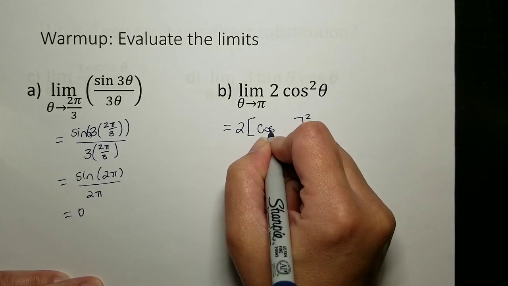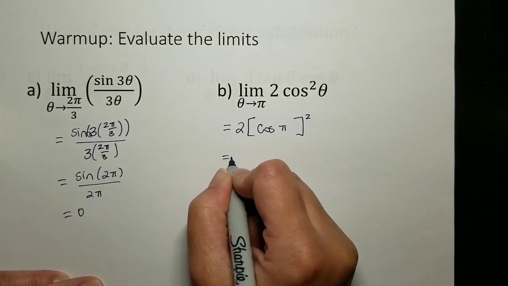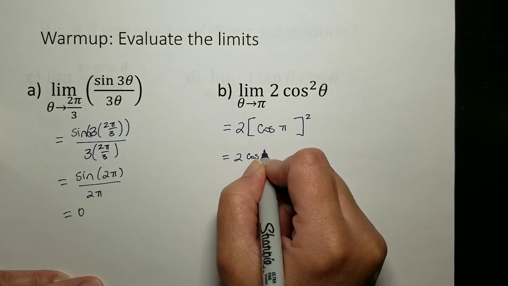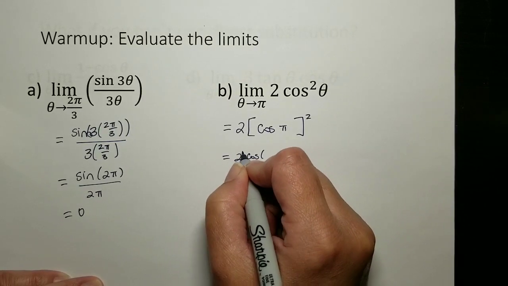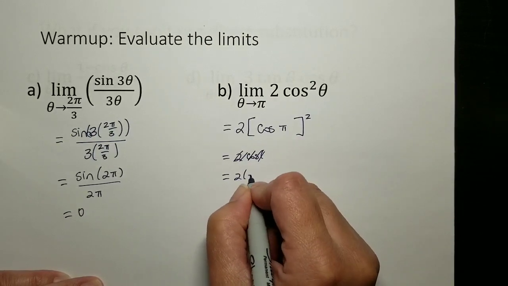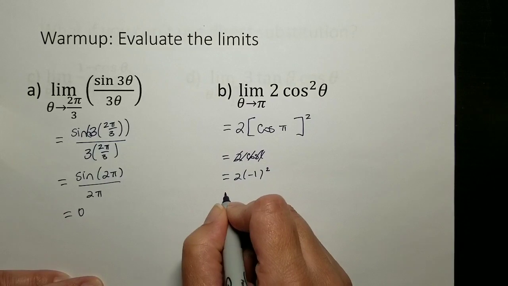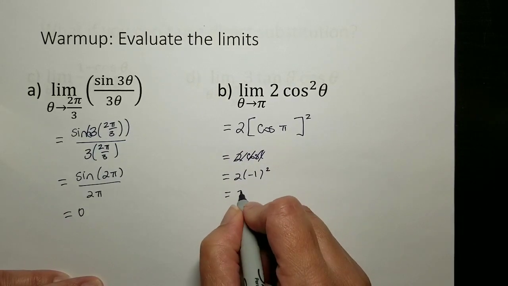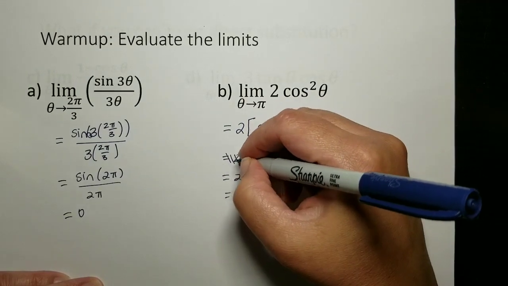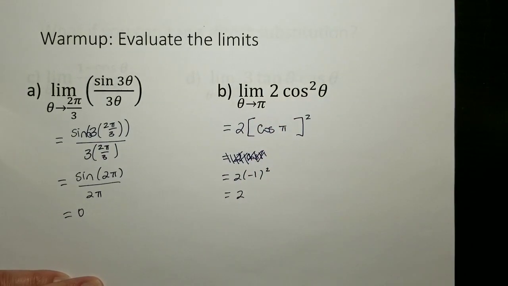So inside I get cos pi, and cos of pi is -1, and that is squared. So -1 squared is 1, times 2 is 2. Cross out that extra row I did by mistake.